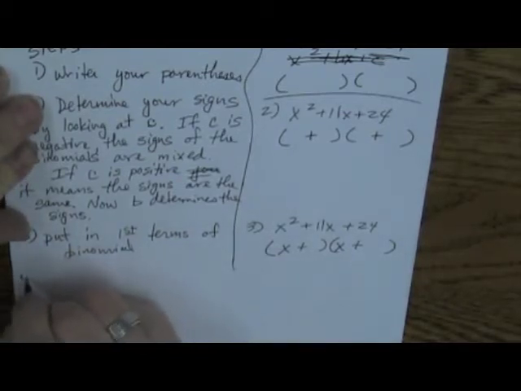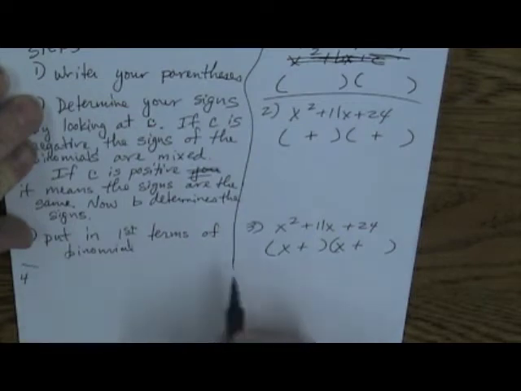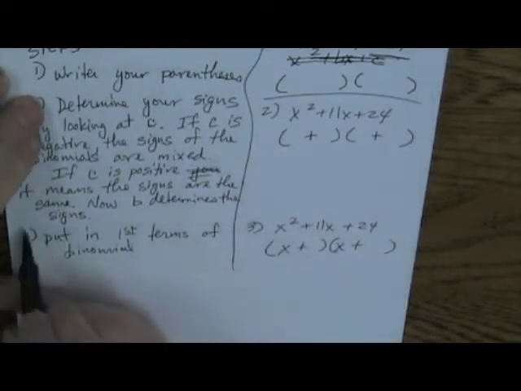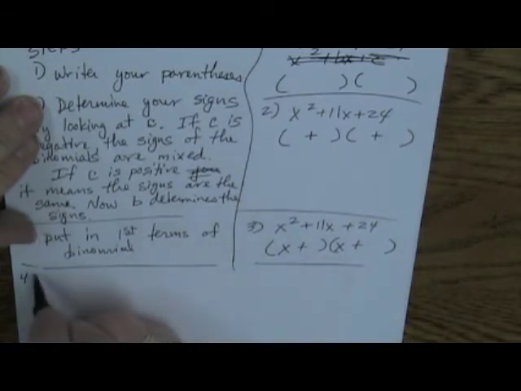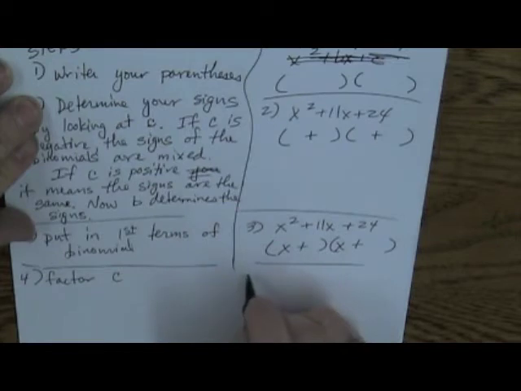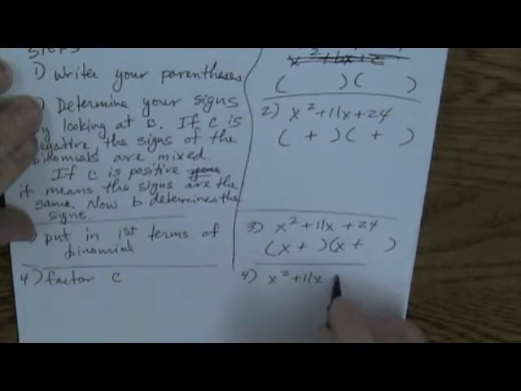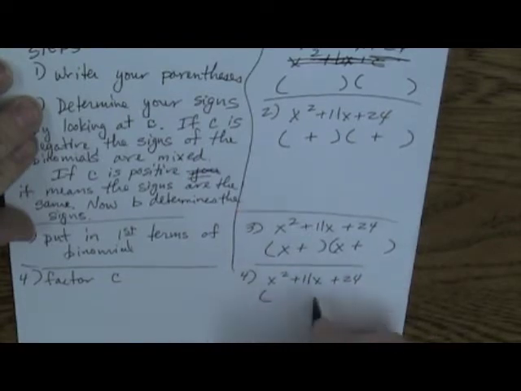Okay, step 4. You have to factor C. Okay, so here we are at step 4. We already have our parentheses.